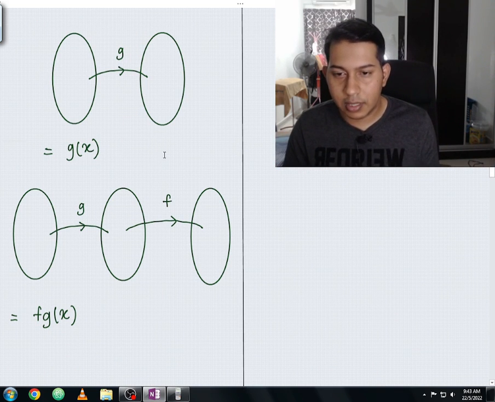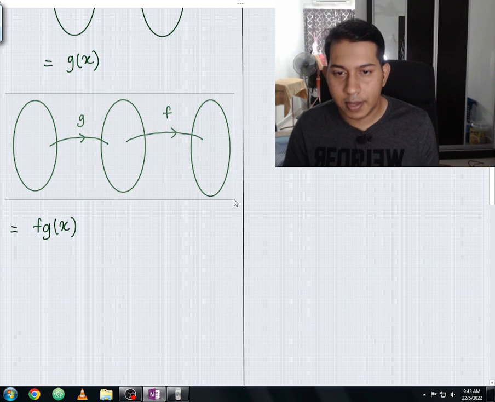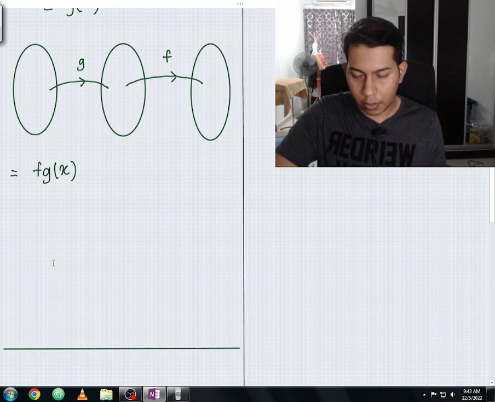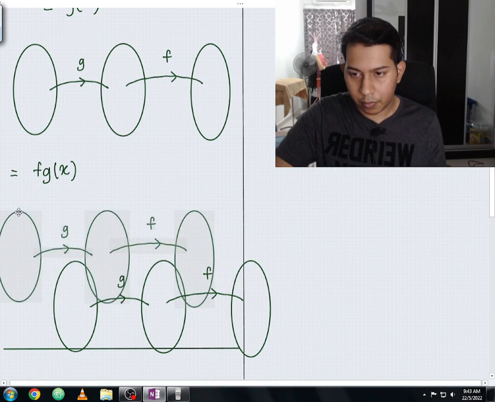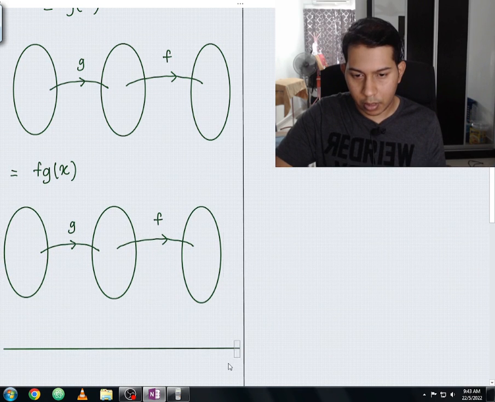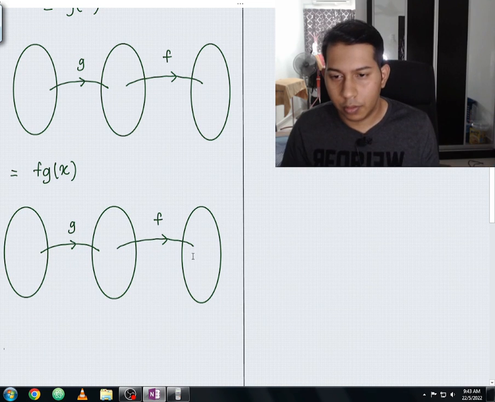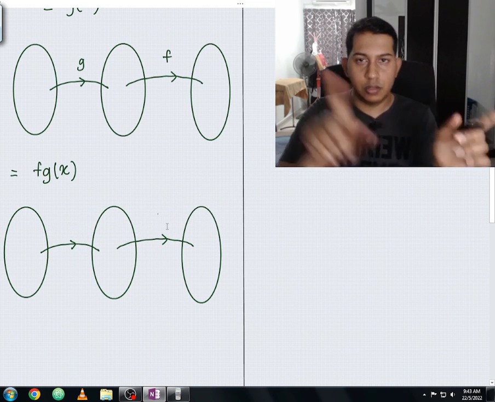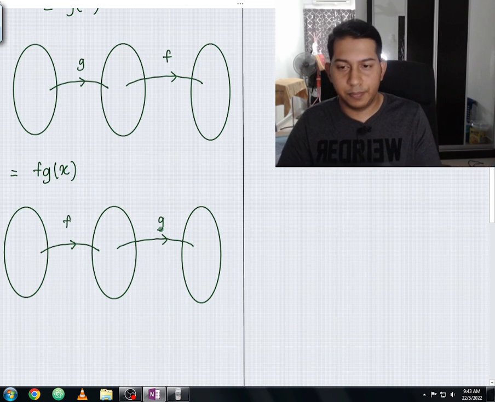Okay, with a similar example, let me show you over here. Let me just copy paste, and remove this extra line. Instead of gf, let me swap the letters, you write f and g.